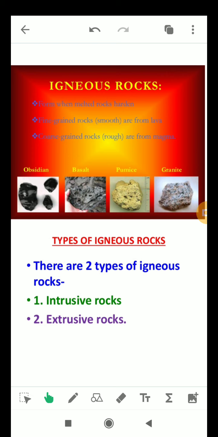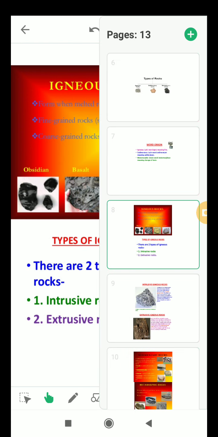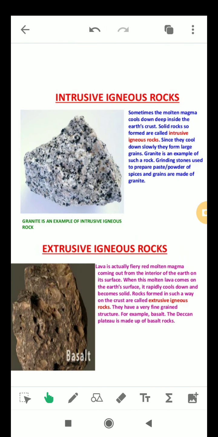Depending on whether they cool and solidify on or below the earth's surface, these igneous rocks are of two types, that is, intrusive rocks and extrusive rocks. Let us know intrusive rock.